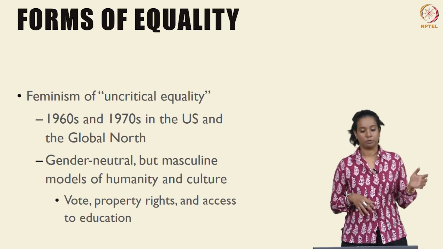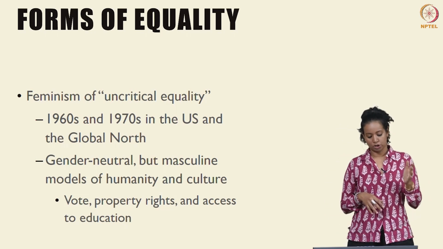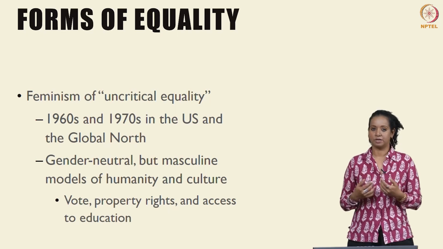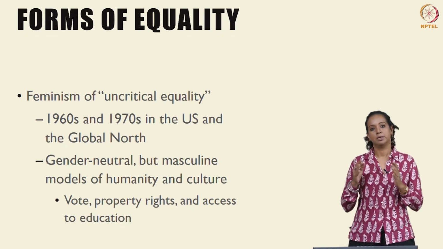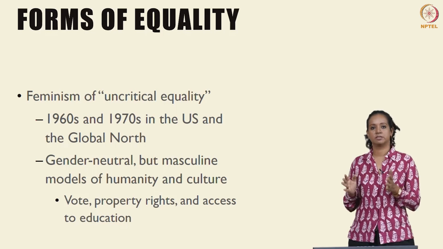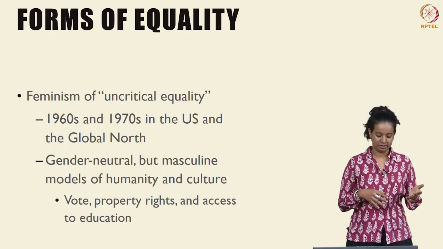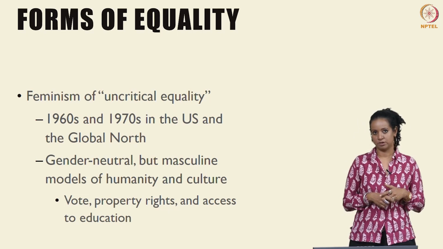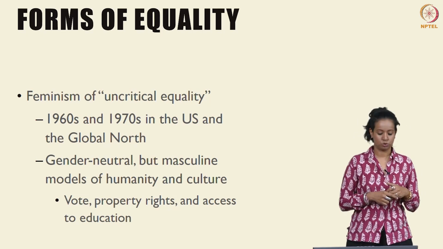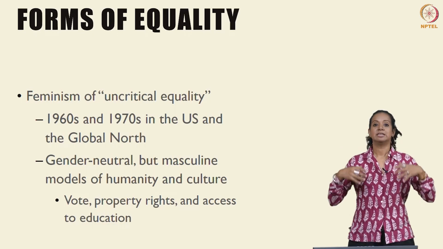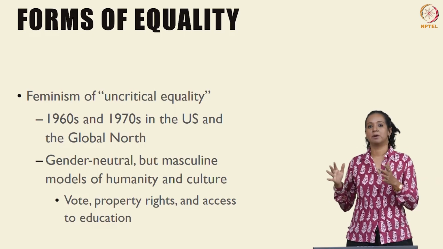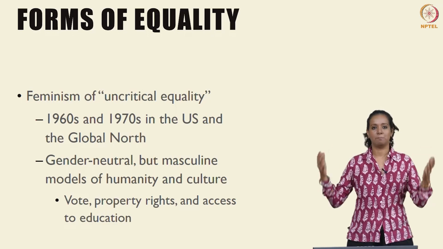Such a feminism of uncritical equality focuses on what many have considered to be a masculine model of humanity and culture, meaning equality is considered to be enough if guaranteed through votes, access to education, sometimes access to employment. In other words, public rights, seemingly anything that anybody has access to in public space.